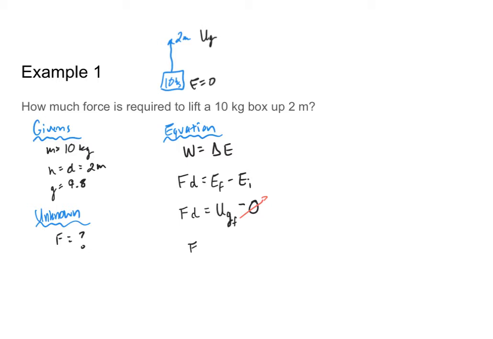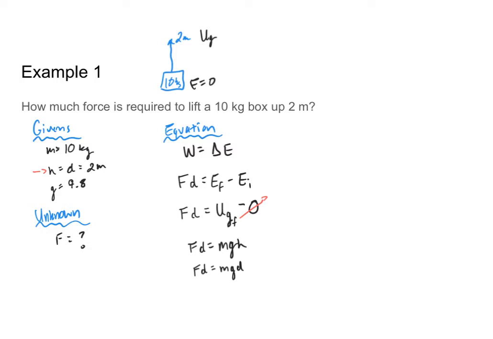My force times my displacement, the work done, is equal to my final potential energy. Expanding that out, the final potential energy is mgh. Or in this case, because I wrote up here that my height is equal to my displacement, I can say that my force times my displacement is equal to mg times my displacement.